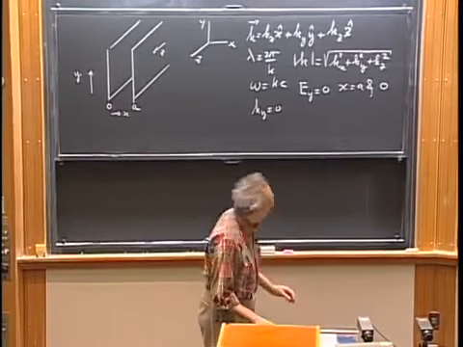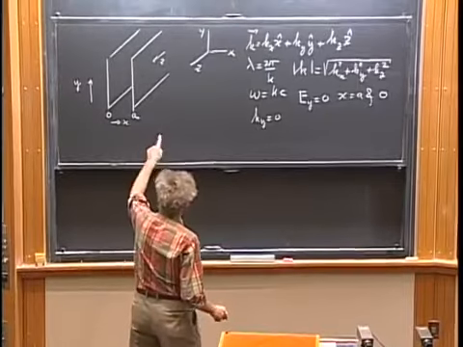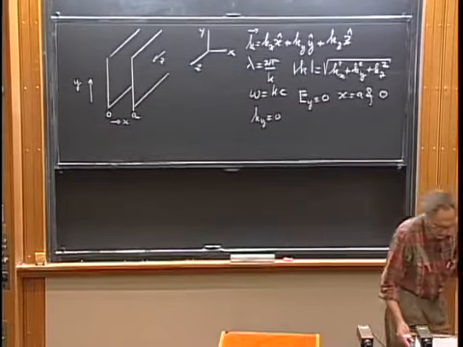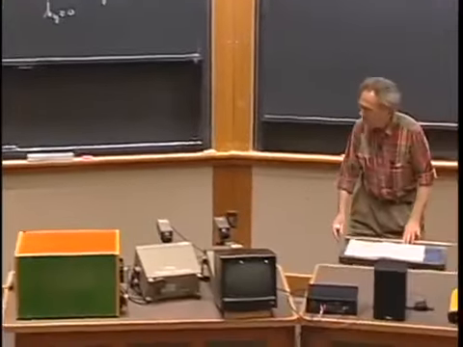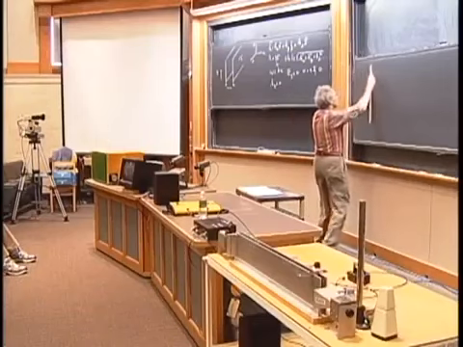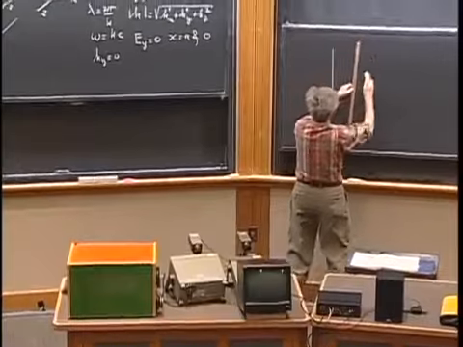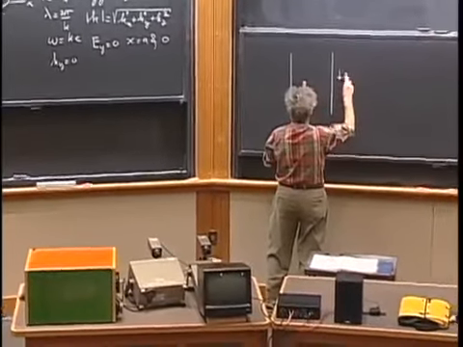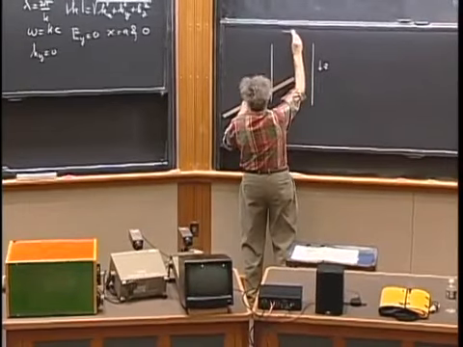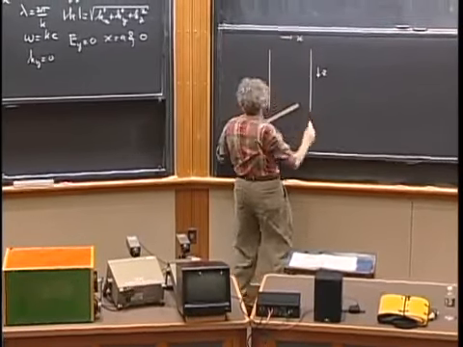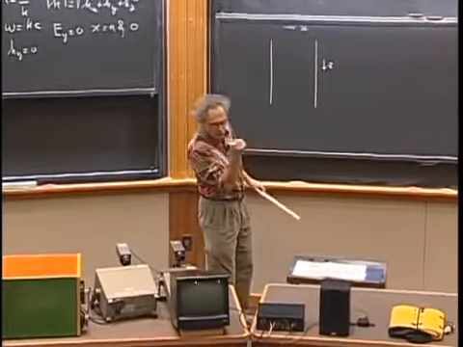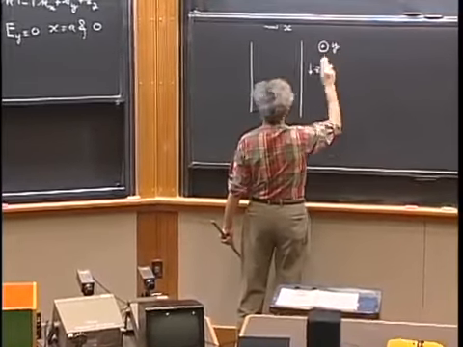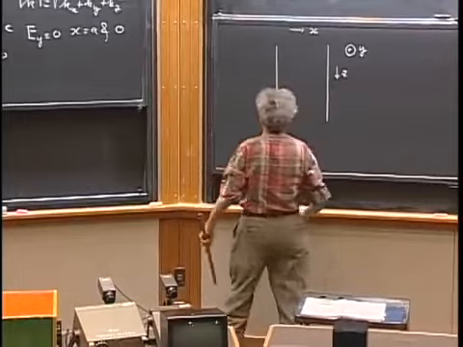So now I would like to take a look at this geometry from above, looking down on the xz plane. So here is the z direction, and this is the x direction, and the y direction is coming straight out of the blackboard, pointing in your direction. So I'm looking down on that plane from above.